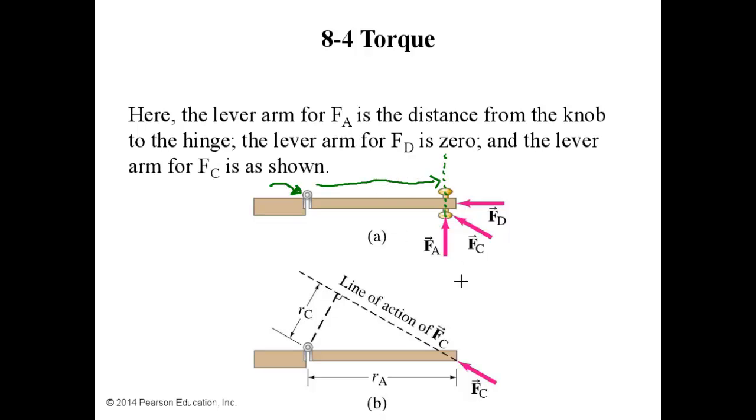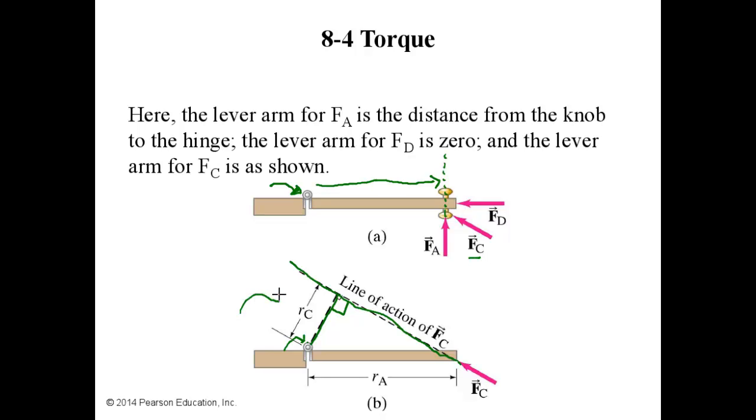If we consider force C for a second, the line of action of force C is along this line right here. And the lever arm is going to be the line from the axis of rotation right here to where it intersects perpendicularly to the line of action along FC.